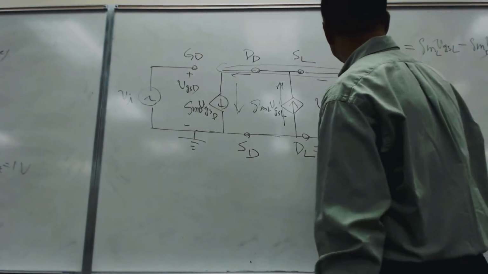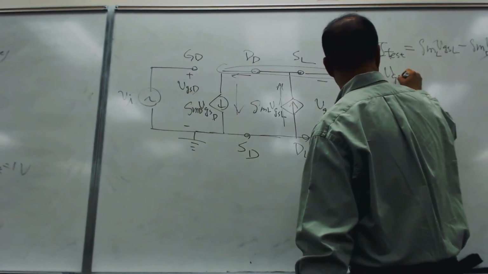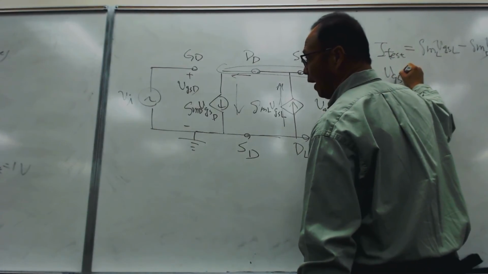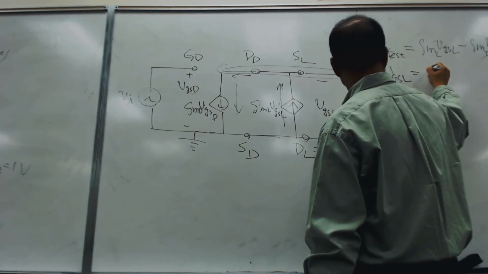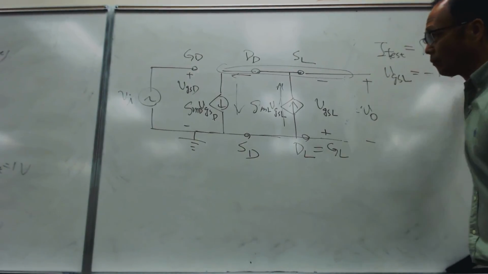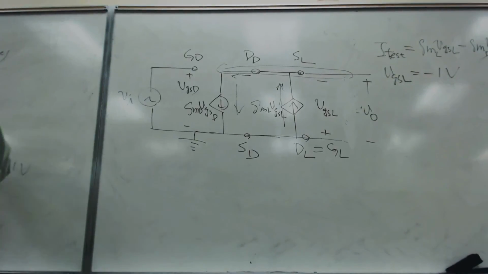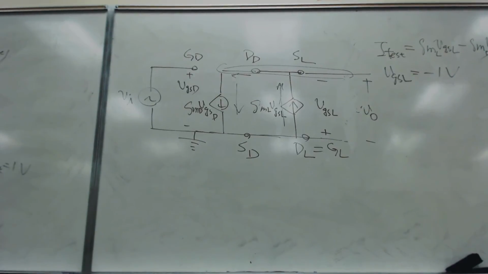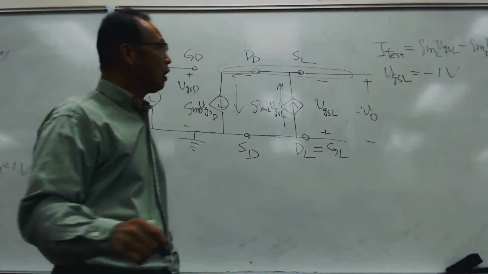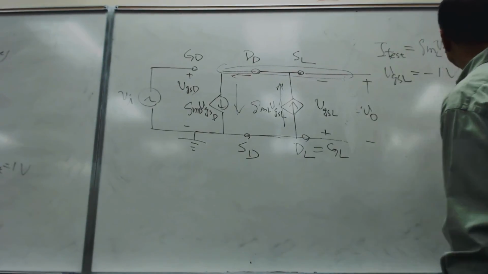But then we know that VGSL is minus 1 volt, because this is VGSL and this is 1 volt, so this is minus 1 volt. You put this in here.